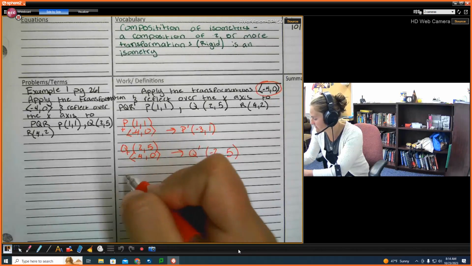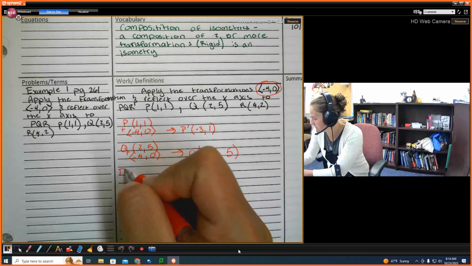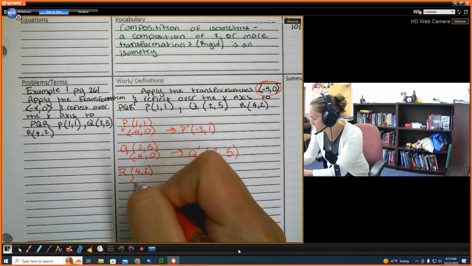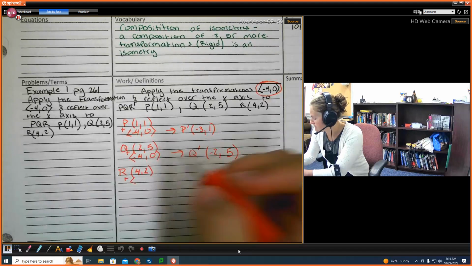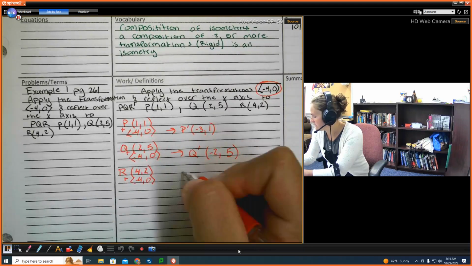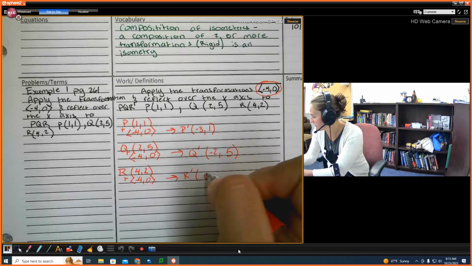And R plus <-4, 0>. So R prime is just 0, 2.